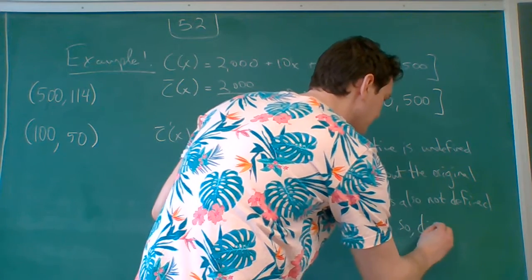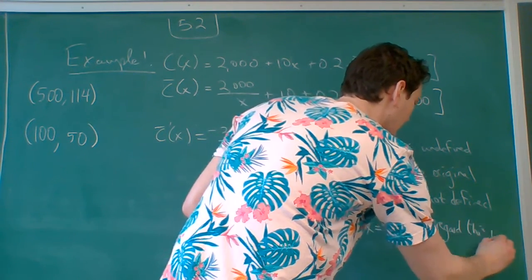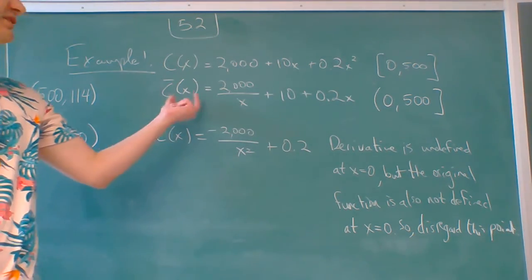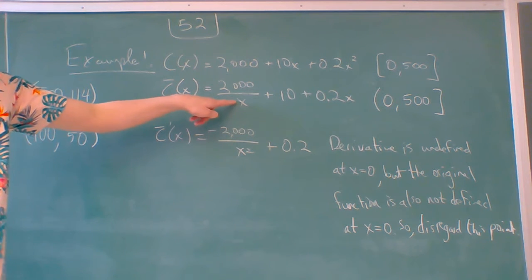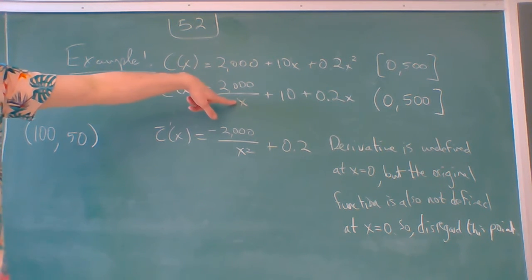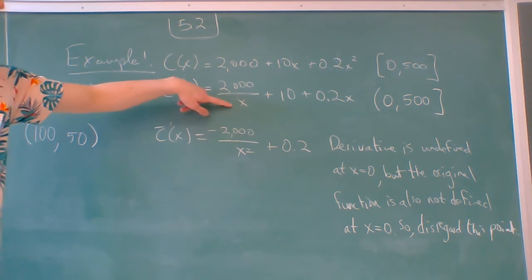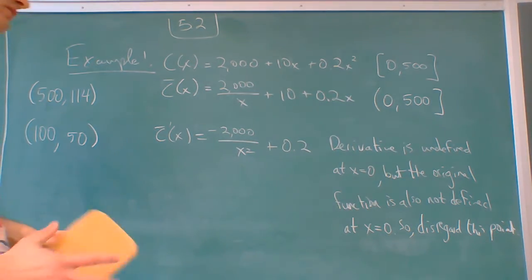So disregard this point. We can't even plug 0 into the original average cost function, right? Because of that right there. If our derivative is undefined at that point, but our original function is too, then that is not going to be a point of interest for us.